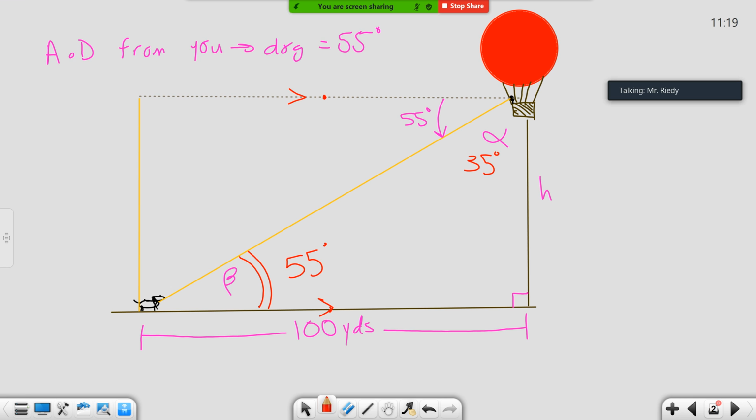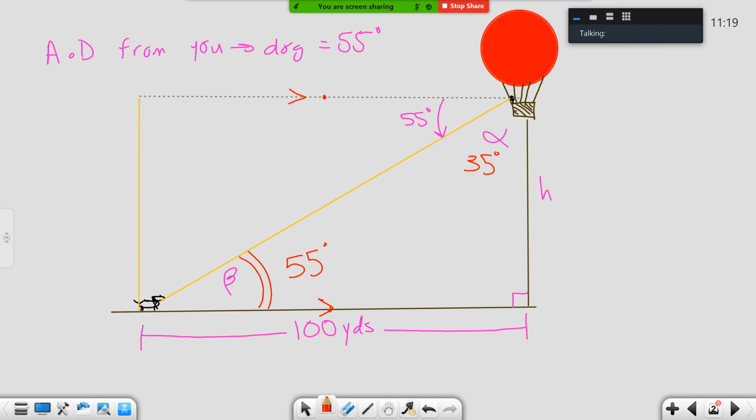And if they're parallel, then what kind of angles are the 2 55-degree angles? Parallel lines, transversal.